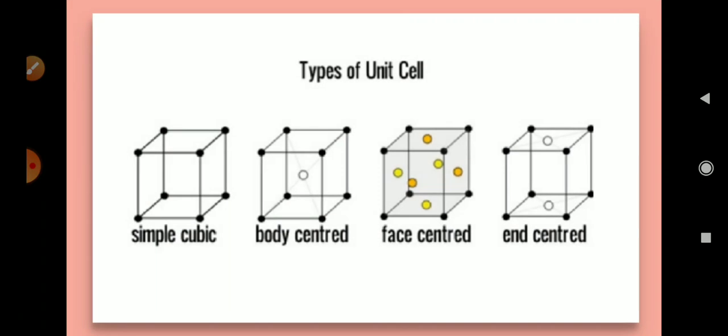In different types of unit cells, the particle may be at the corners, at the body center or at the center of faces. Depending on these, the unit cells are of the following types: simple cubic, body centered, face centered and end centered, which we have discussed in the previous video.